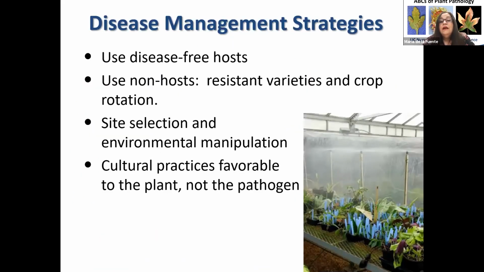So now we focus on strategies such as using disease-free hosts. If you are doing a lot of vegetative propagation, make sure that the mother plant is not diseased. Because if the mother plant is diseased, all your cuttings are going to develop into plants with disease.